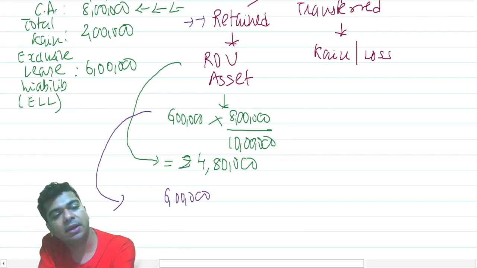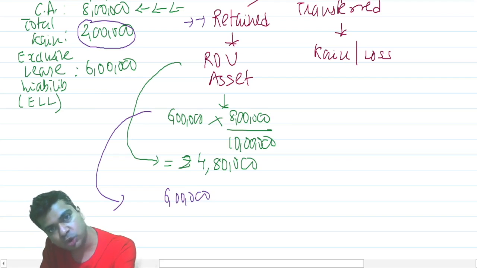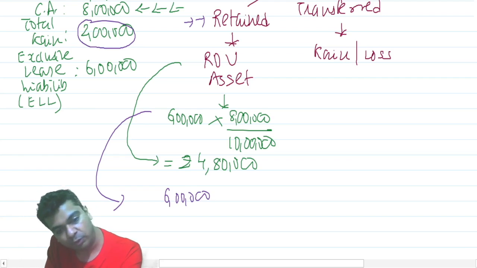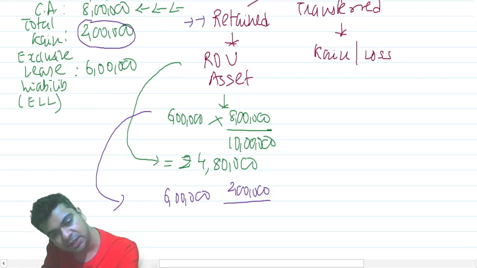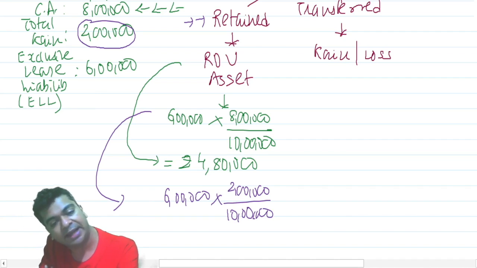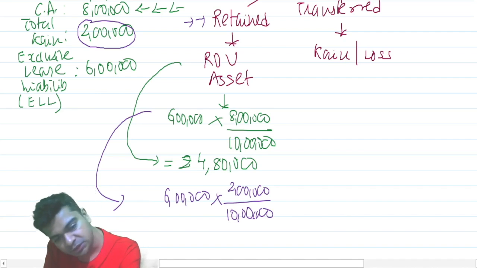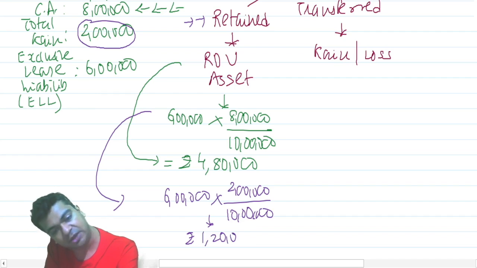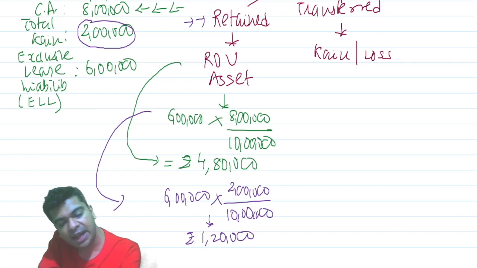The total gain is turning out to be 2 lakhs, and the total fair value is 10 lakhs. So 6 into 2 by 10 is turning out to be 1,20,000.